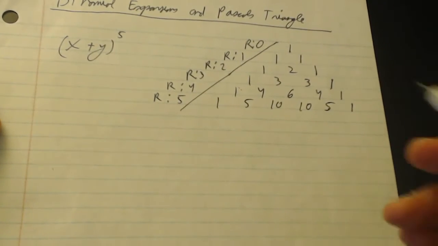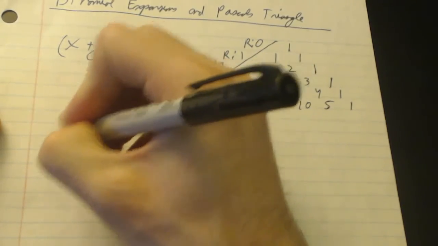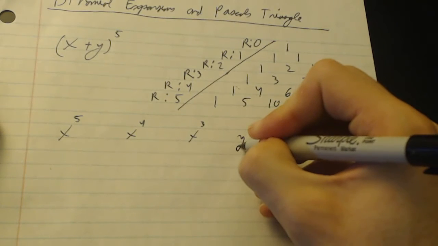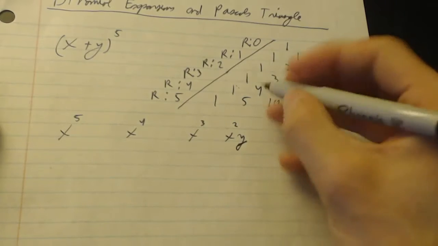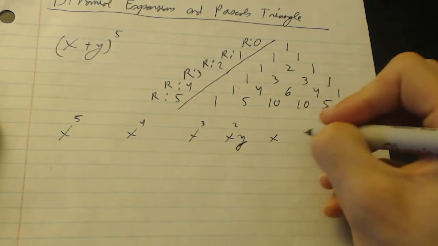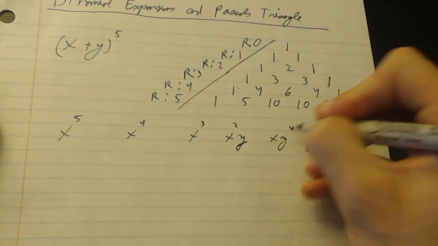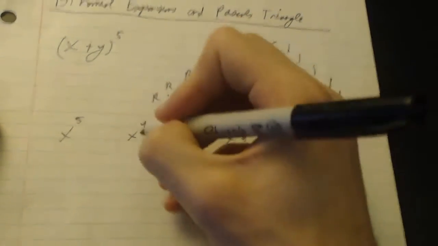Now the next thing you have to do is label out all of the x's. Here, I'll just put it here real quick: x to the 5th, like you start with x to the 5th, then you go x to the 4th, make sure you leave space in between, x to the 3rd, x to the 2nd, x, and then you start counting backwards from y to the 5th, y to the 4th, y to the 3rd, y to the 2nd, then y.